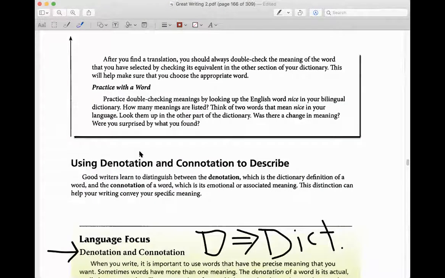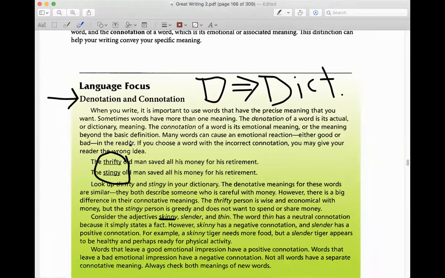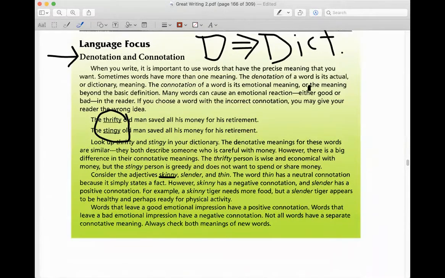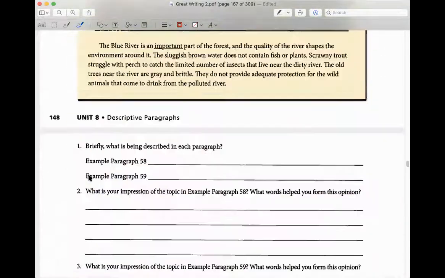Okay, let's move on down to denotation and connotation. Dictionary definition versus how a word actually feels in the sentence, what emotional reaction you get. I'm probably gonna keep that off of this test. We got enough stuff to cover, so you can skip over that part.